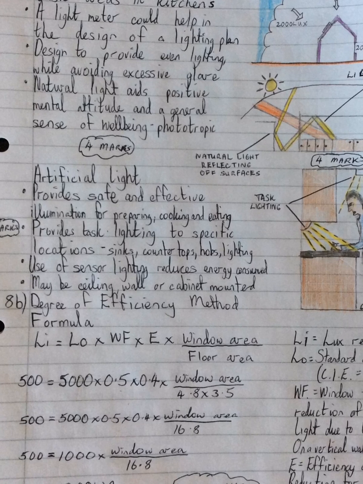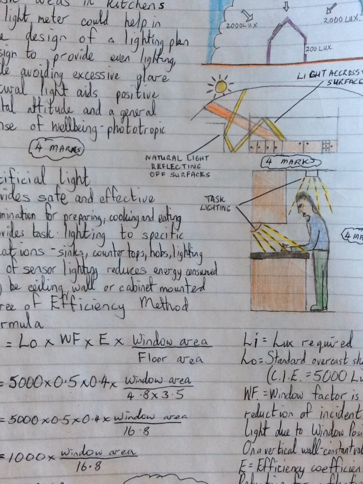Sensors could be used to reduce energy that is consumed, and lights can be mounted on ceilings, walls or cabinets. Again, we have a simple diagram of how task lighting can be used on the work surface.